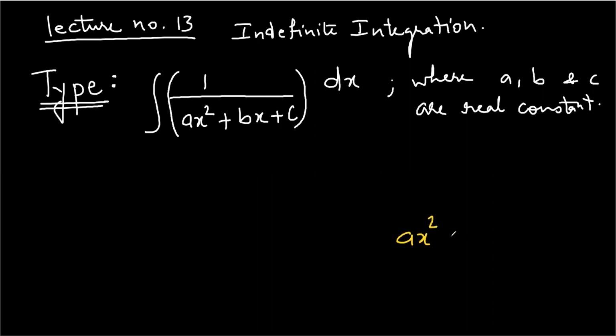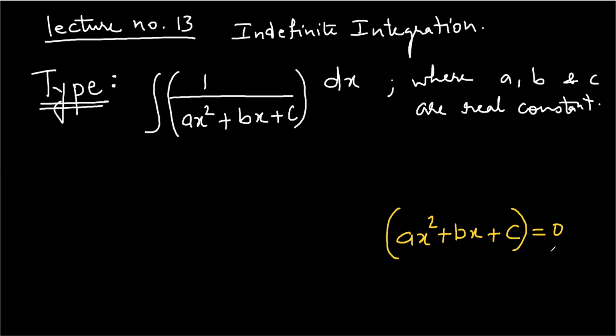And how did a quadratic equation look? It looked like this: ax square plus bx plus c equal to 0. I call this a quadratic equation because I have got an equal to sign.